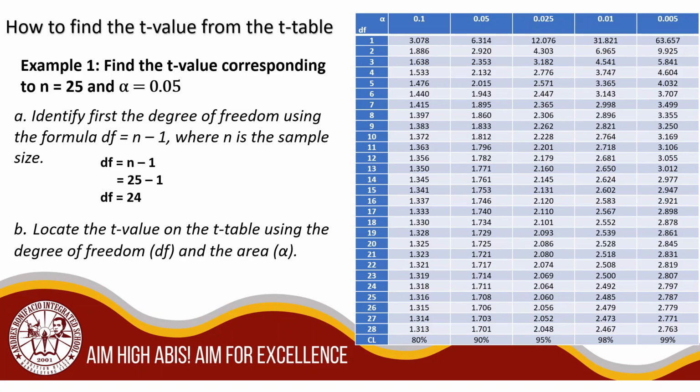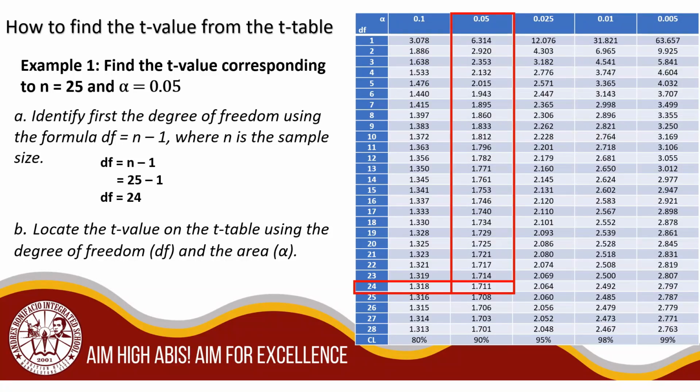So yung degree of freedom, which is 24. So ayan po. And then of course yung 0.05, ito naman po. So yung intersection ng dalawa, yung 1.711, yun po ang kanyang t-value. Okay, so therefore the t-value is 1.711. So madali lang pong hanapin yung t-value.